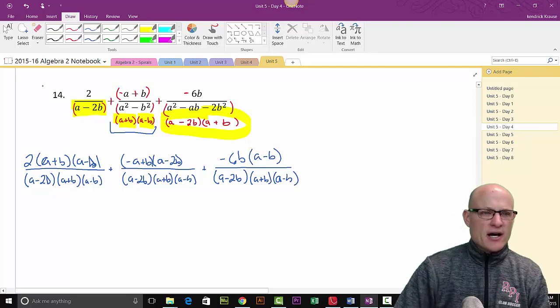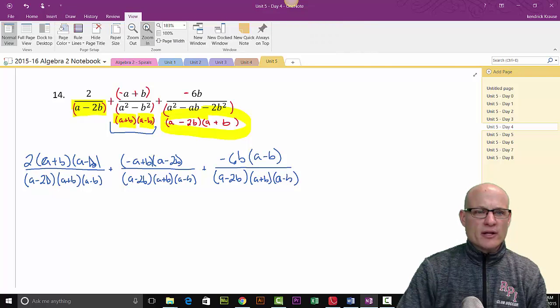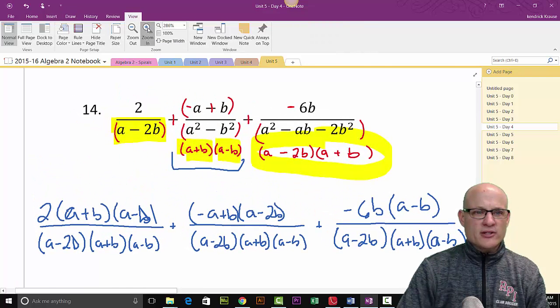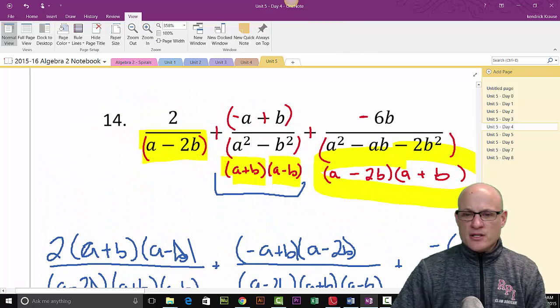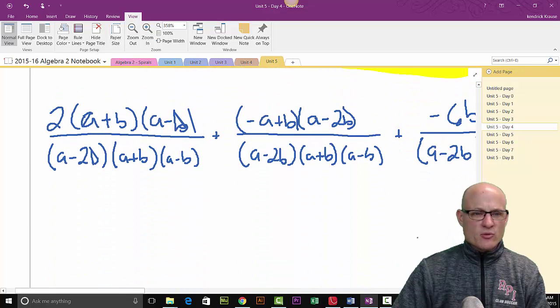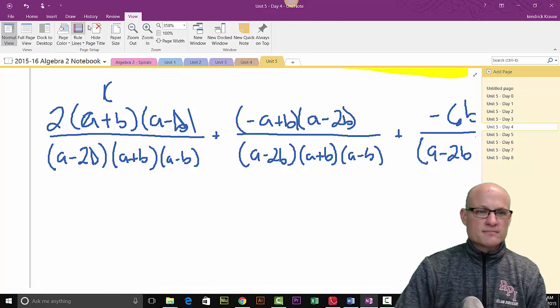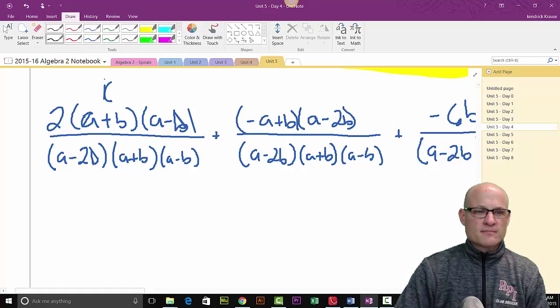Alrighty. Now, let me blow up a little bit on this. I'll take each piece individually. So this one here, well, if I multiply these two things out, don't I get a squared minus b squared? I do. So now I'm going to distribute the 2.